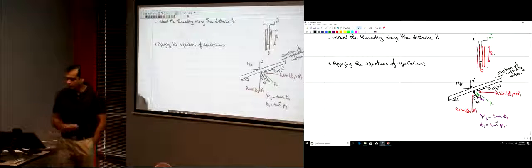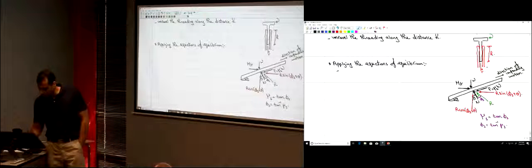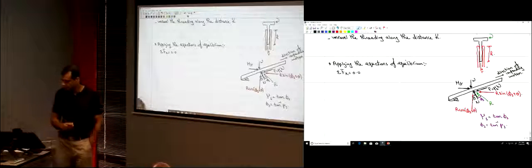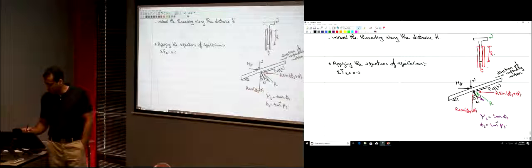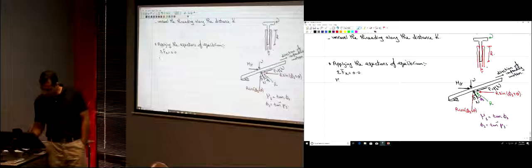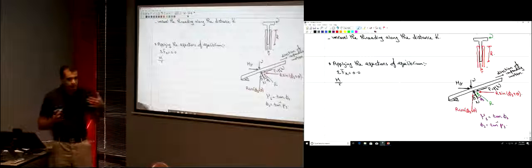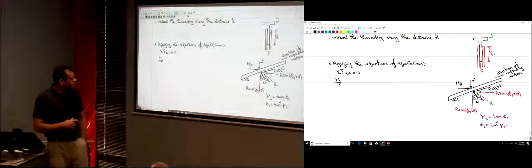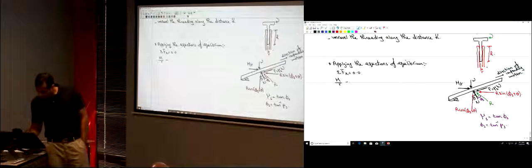So let's start with the horizontal direction. What are the forces in the x direction? The summation of the forces in the x direction is equal to 0. M divided by r, this is the force that wants to move the object, the sliding force, minus R sine phi s plus theta.